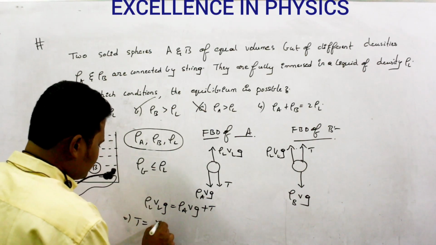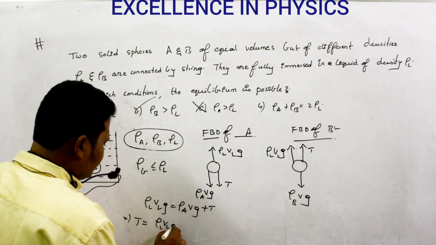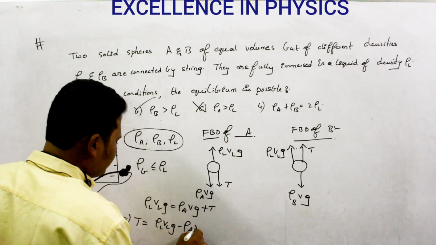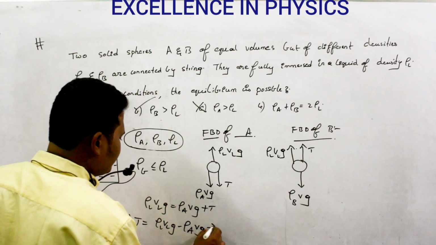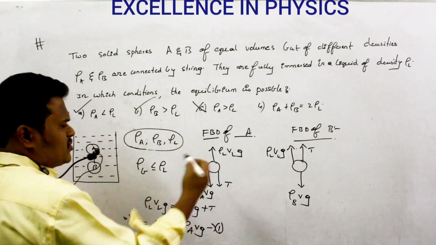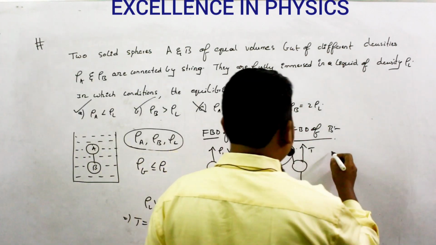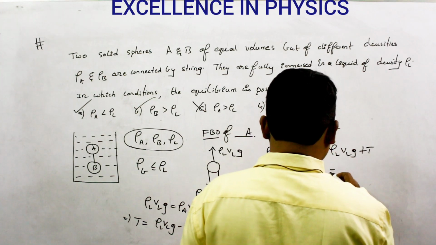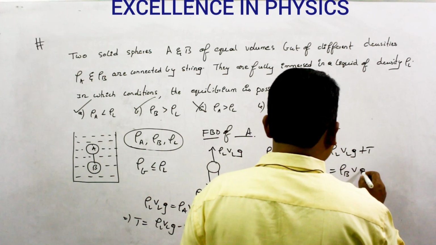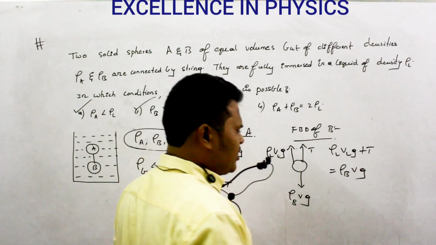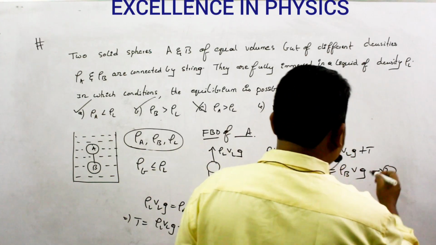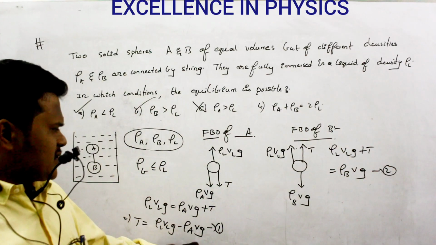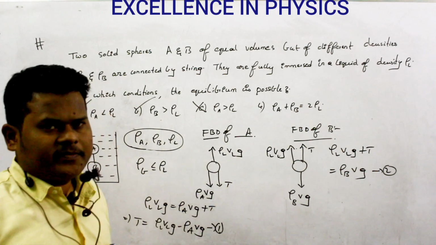Therefore T is equal to rho L VL g minus rho A V g. Let this be my equation number 1. From the free body diagram of B I get equation number 2: rho L VL g plus T is equal to rho B V into g. Now taking the first equation and substituting it in the second equation.